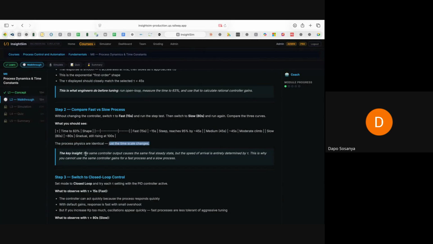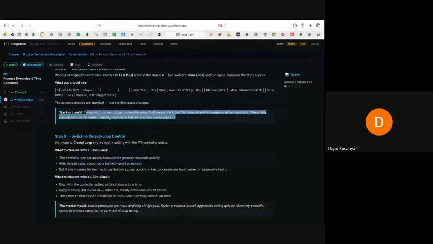The key insight is the controller output causes the same final steady state, but the speed of arrival is entirely determined by the time constant. This is why you cannot use the same controller gains for a fast process and a slow process.